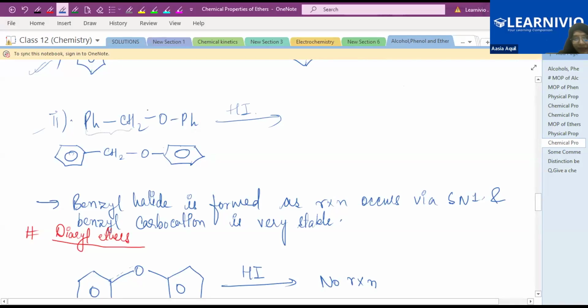Okay, this phenol and CH2 means this bond will break. So phenol, ma'am, CH2 and iodine. And this remaining group will form the PhOH, means your phenol. Okay, so basically you have to break this bond. This is the same. And hydrogen will get attached over here. So you will get a phenol plus your this one, right?